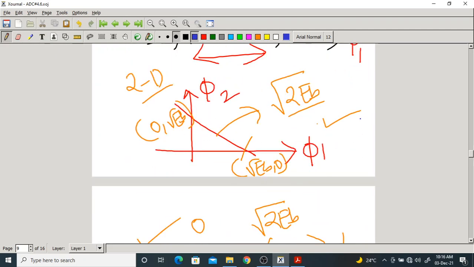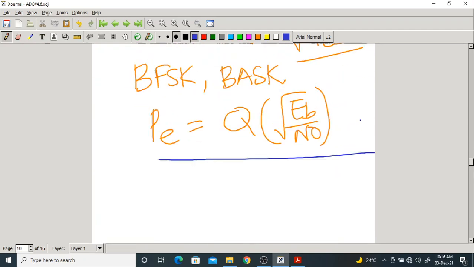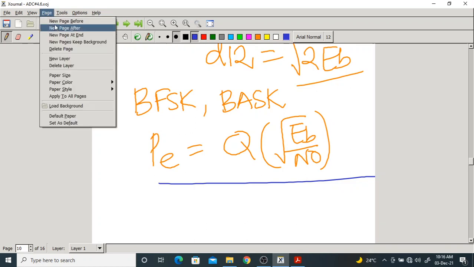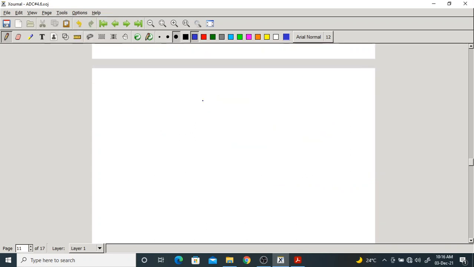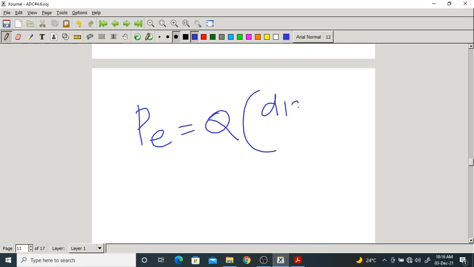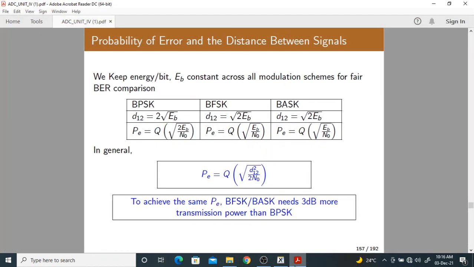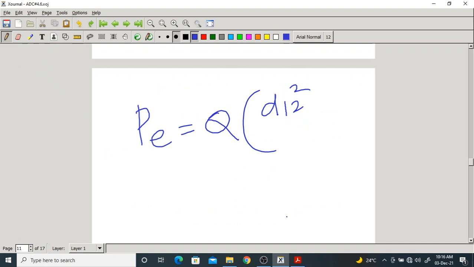So if you go by this comparison, the probability of error and the distance between the message points are closely related. How are they related? The probability of error depends upon Q of d12 whole square, or you can write it simply as Q of d12 by 2 root N0, whole square.